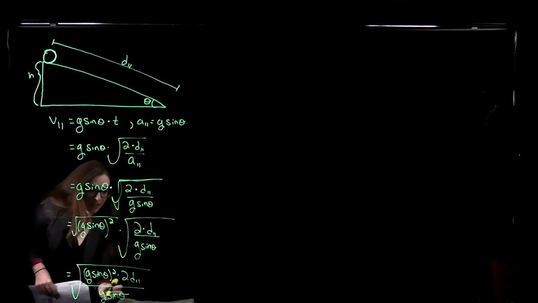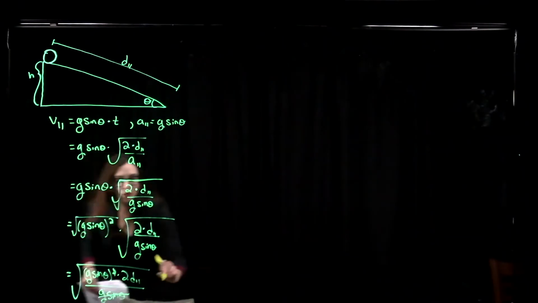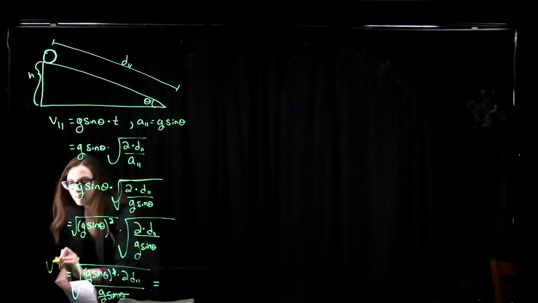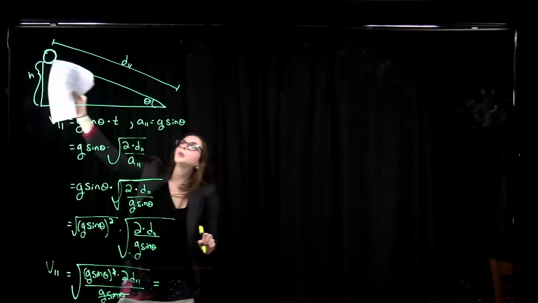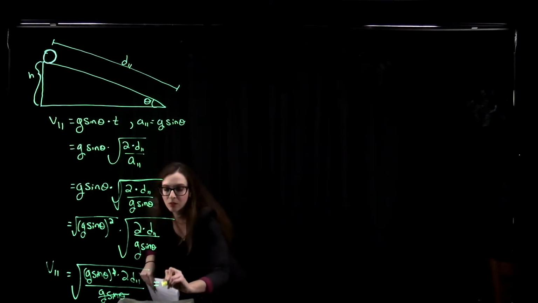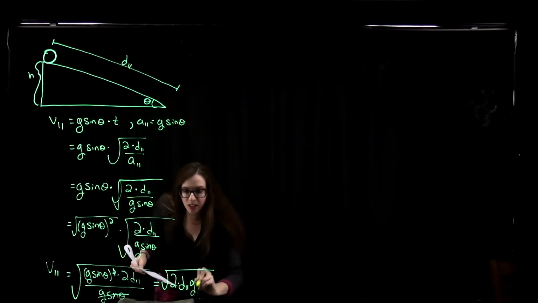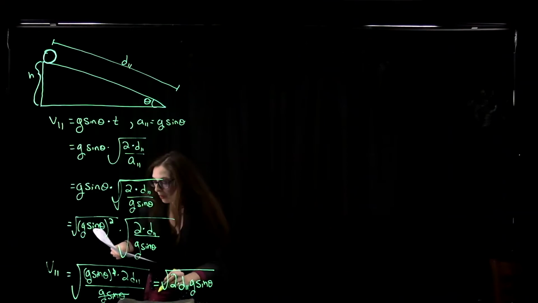The g sine theta on the bottom cancels with one of the g sine thetas on the top. So our parallel velocity, the velocity that our ball has when it reaches the bottom of this plane, is equal to the square root of 2 d parallel g sine theta. And you can go back and double check.